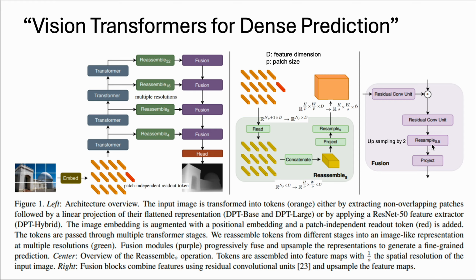So this resample 0.5 means upsample by 2 projection. So at each layer, the fusion module upsamples the feature dimension by 2. Then it fills in the finer level features by doing this multi-scale fusion, and finally passes a projection head to get this dense prediction.